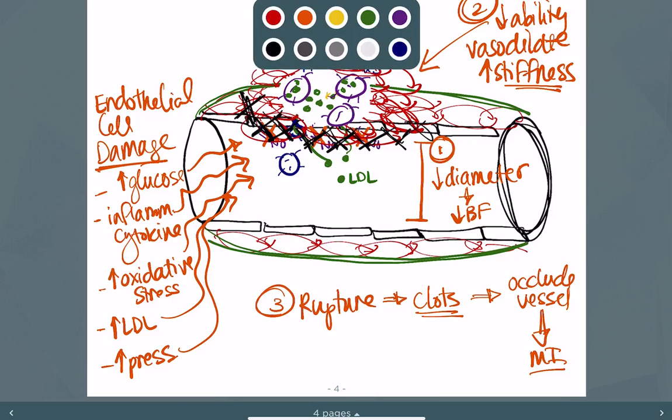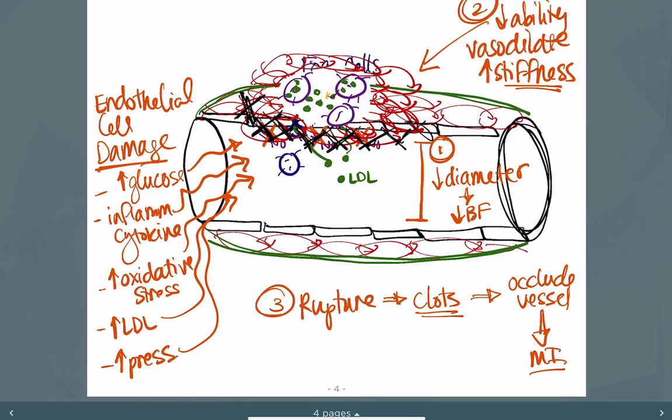So when you're doing your initial eval, your chart review, your subjective conversation, and you're collecting their risk factors for cardiovascular disease, the more they have, the more likely, especially as they get older, that this is what's happening deep in their vessel. And you can have plaque for a long time without any symptoms.